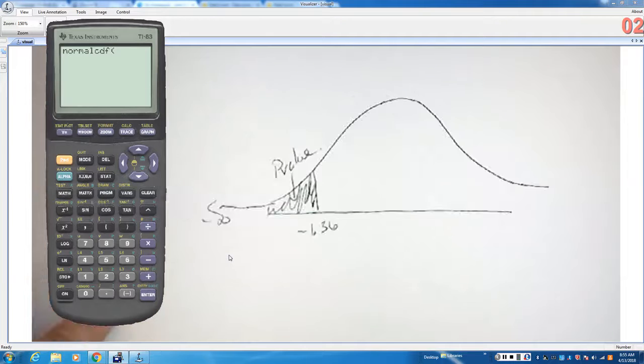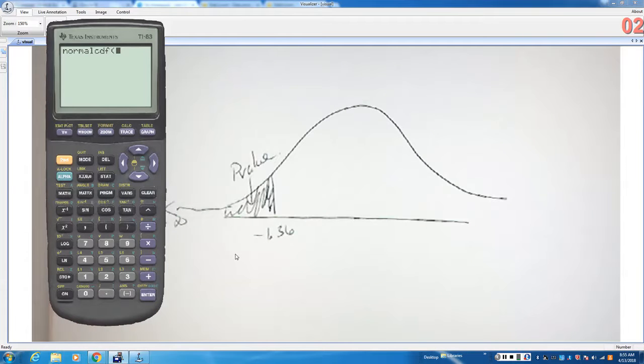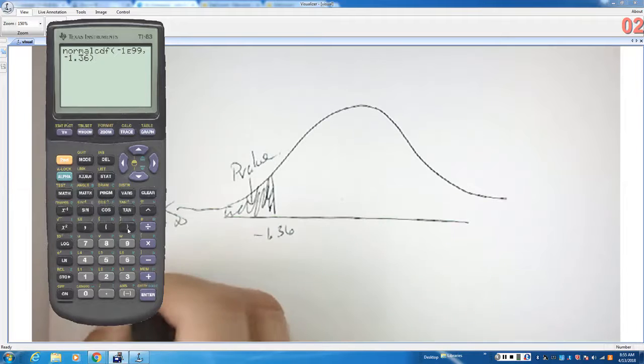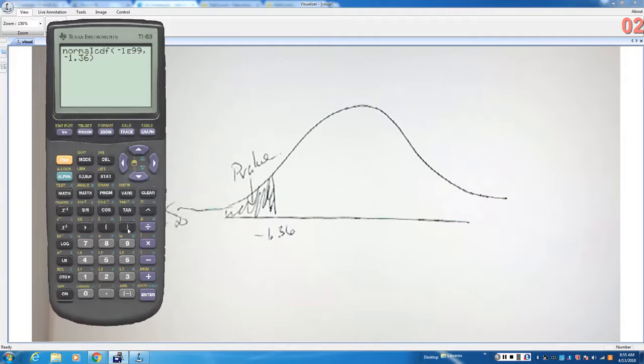So basically what we have is negative 1 e to the 99 all the way up to negative 1.36. That negative 1 e to the 99 is basically negative 1 with 99 zeros. So it's just saying it's going on forever.